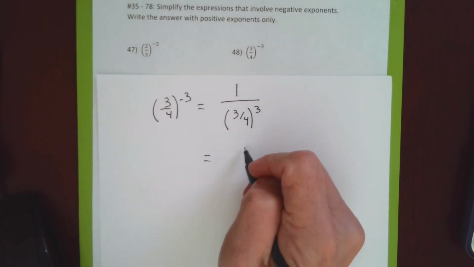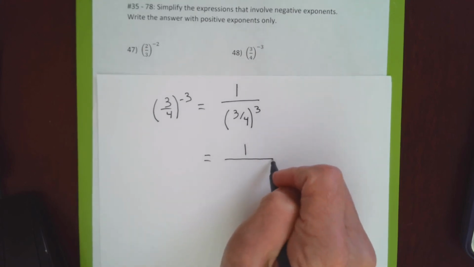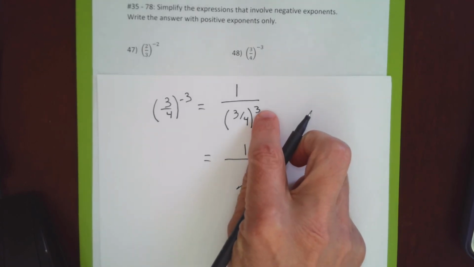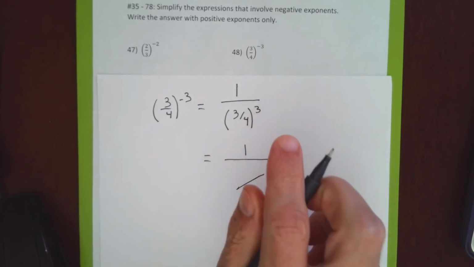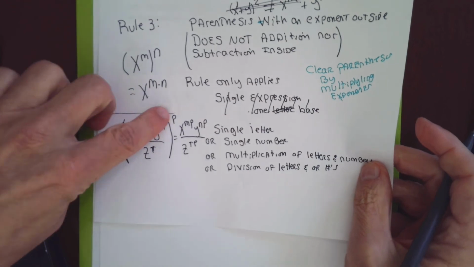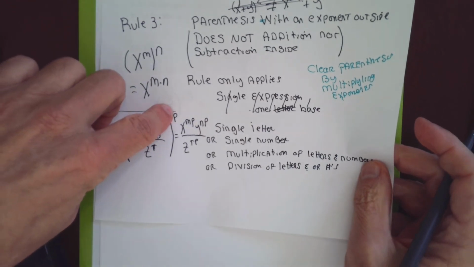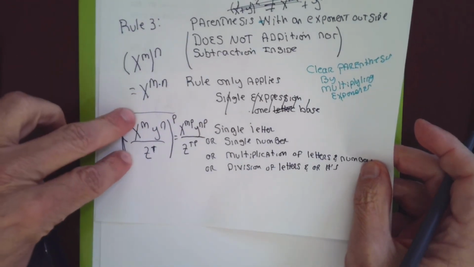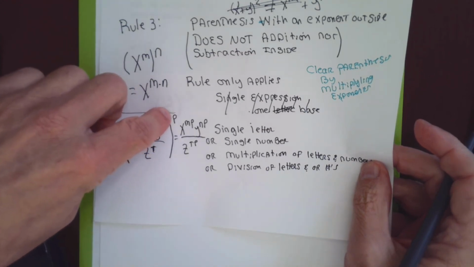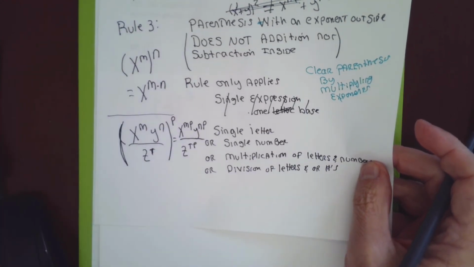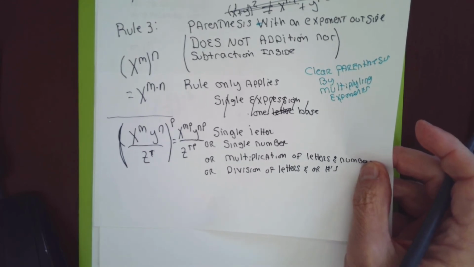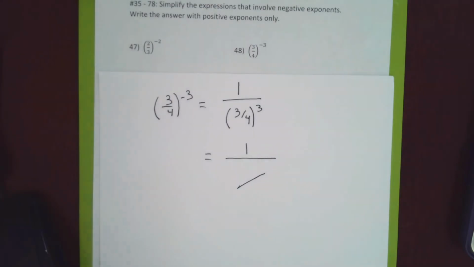In order to work on the denominator, that denominator has a parenthesis that has an exponent. I'm going to use rule 3 that basically says that if I have a parenthesis without addition or subtraction inside it, and it has an exponent, I can clear the parentheses by attaching that exponent to any number or letter inside.